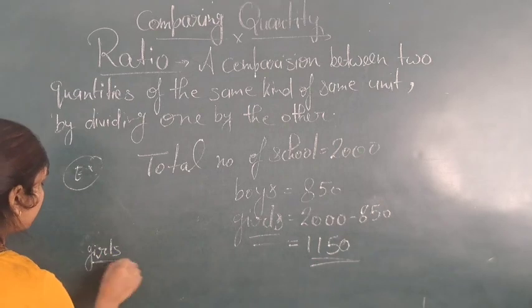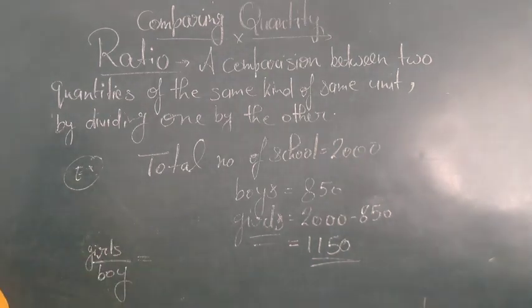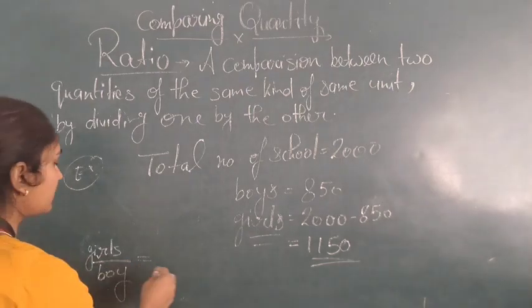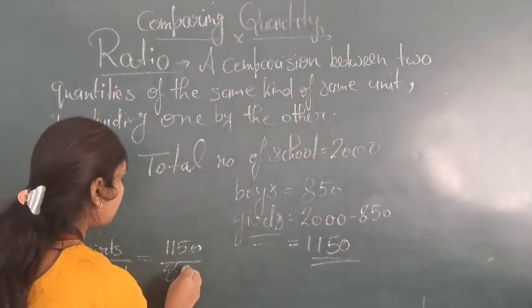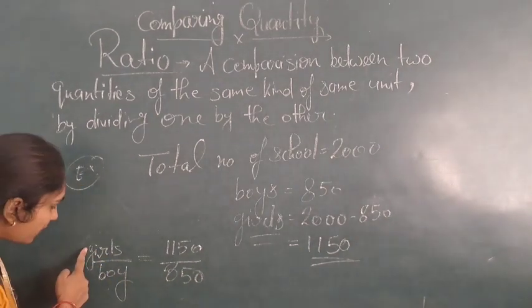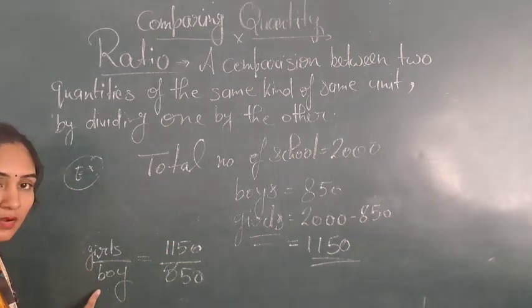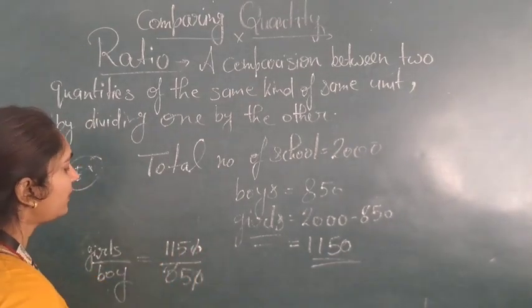The ratio of the number of girls to the number of boys: girls will be the numerator and the denominator is the number of boys. Now, what will be the ratio?